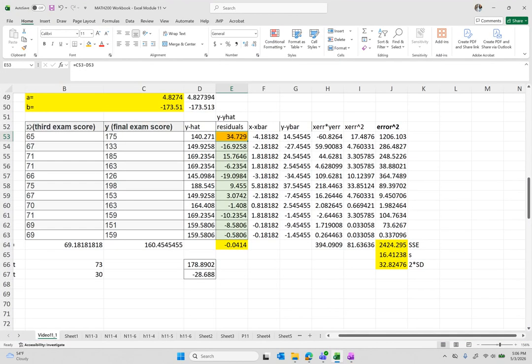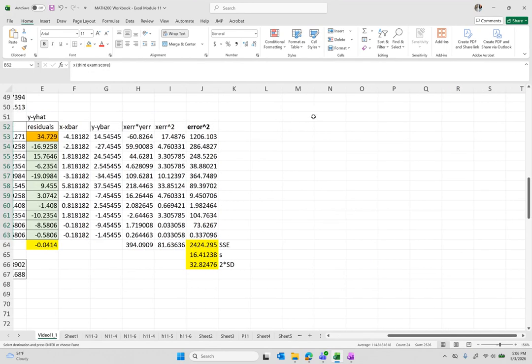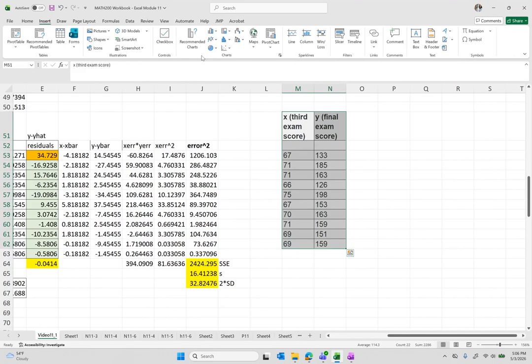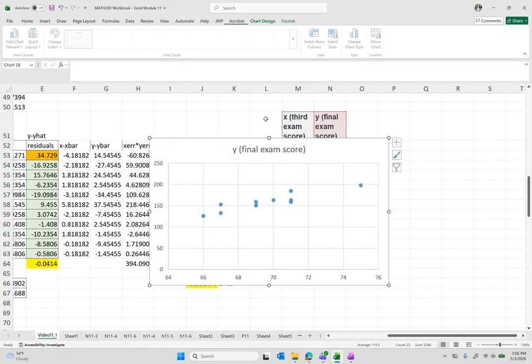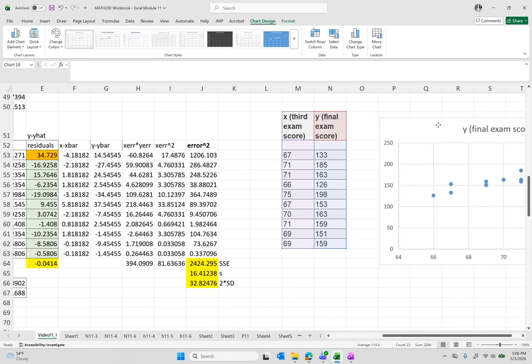So how do we do that quickly in Excel? The way to do it is to actually copy your X and Y's. Let's put them here, for example, and then delete this point, and then try to insert a new scatter plot without the outlier.